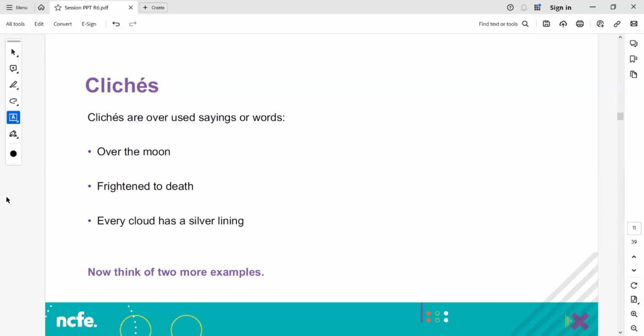Can I try? Yeah, go on. Something like there are many churches besides St. George's. Sorry, could you repeat that, please? There are many churches besides St. George's. Okay, is that one you've heard before? Yeah.